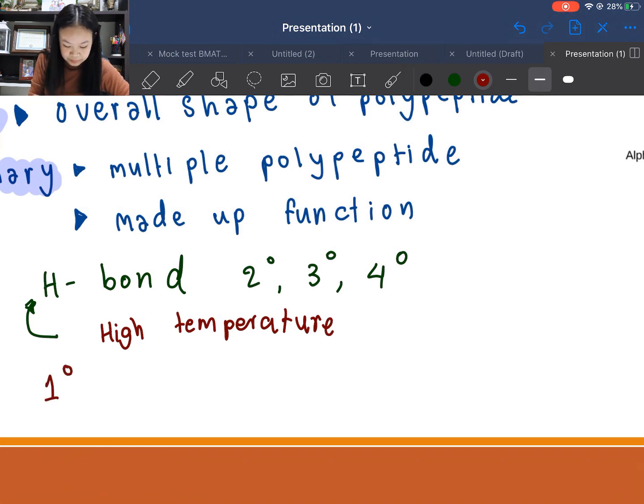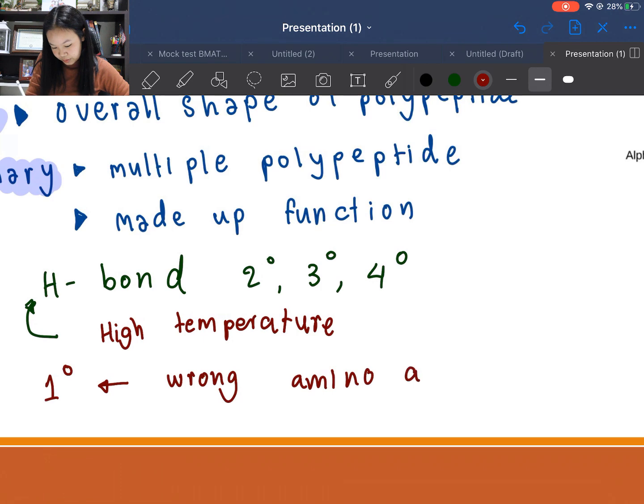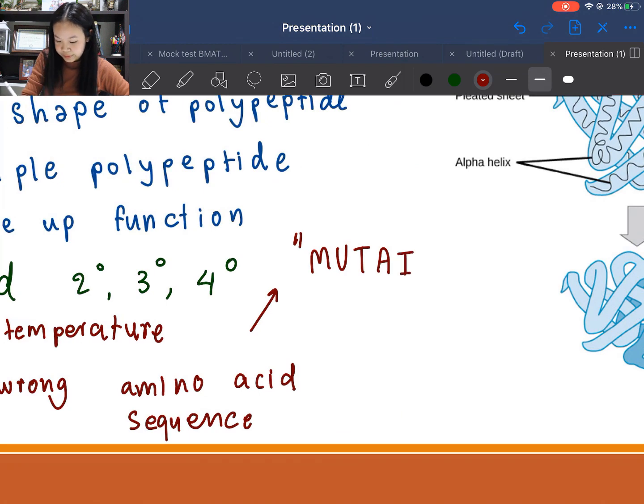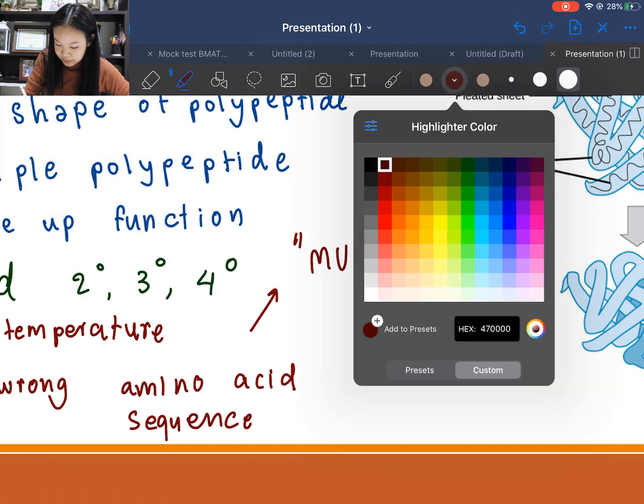While the primary one, which doesn't have an H bond, only a mutation can destroy or change the amino acid sequence. Nothing else could destroy it, not pH, not temperature, only mutation. So I'm going to have that highlighted.